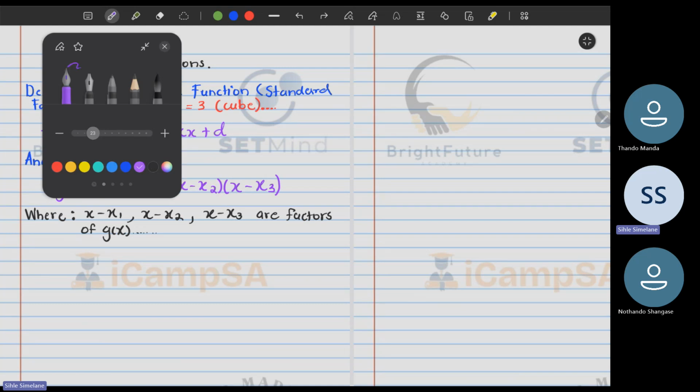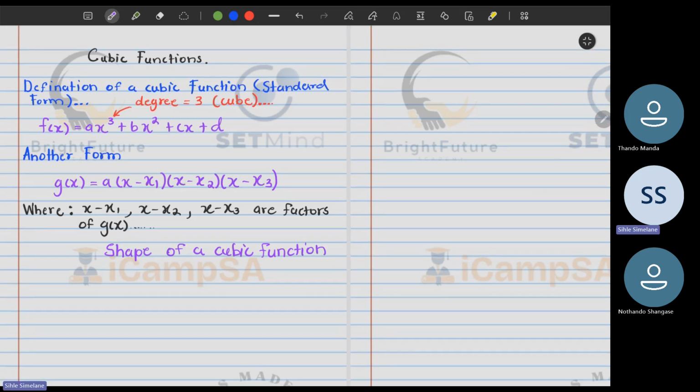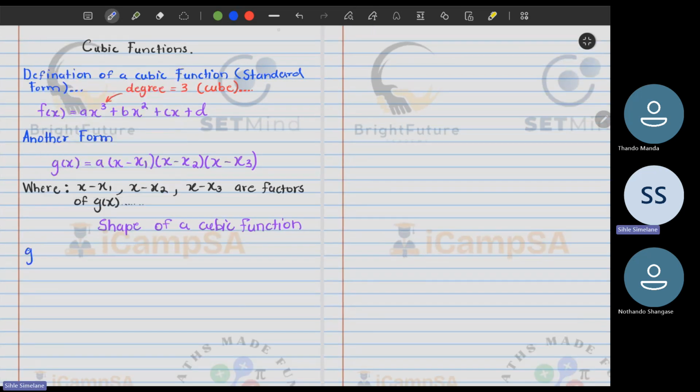Now, what we need to really appreciate is the shape of a cubic function. Okay, so for the shape of our cubic function, we are just going to use f of x, okay?